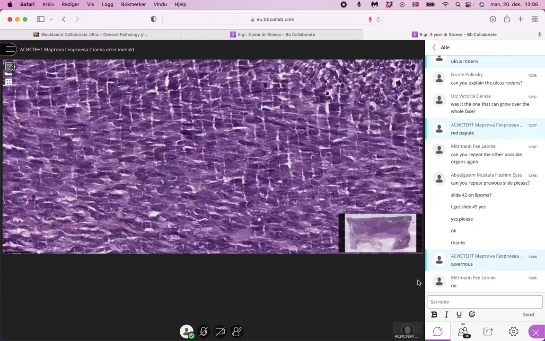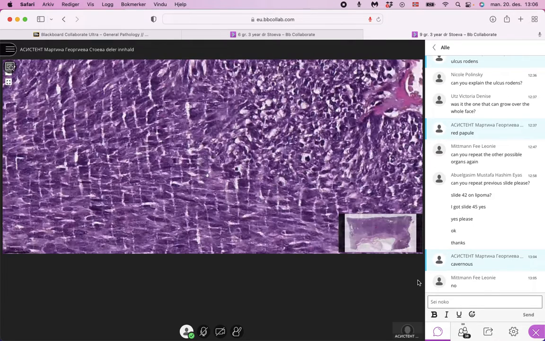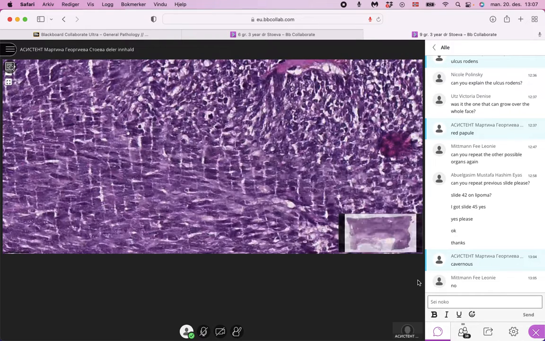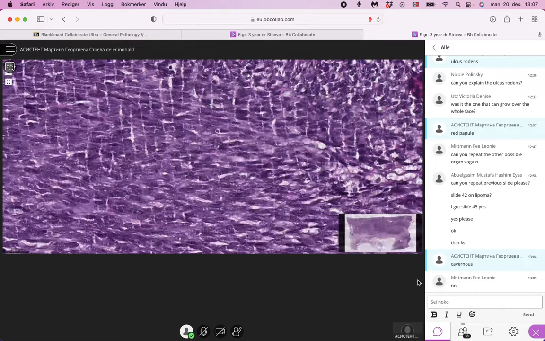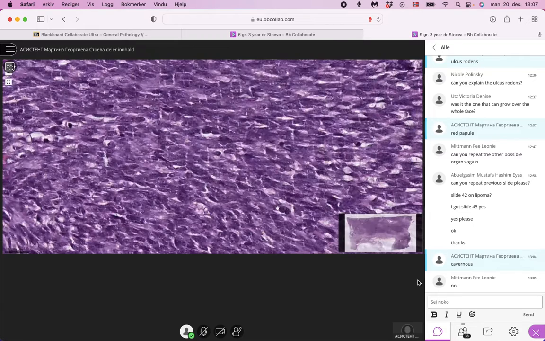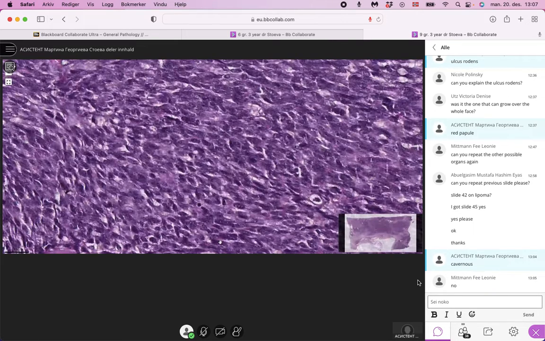And we can find many mitotic figures, like this one. This dark spot with uneven margins, this is a mitotic figure. There is another one here. Another mitotic figure.